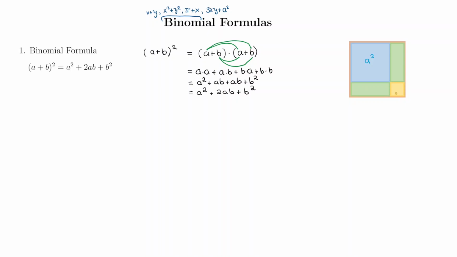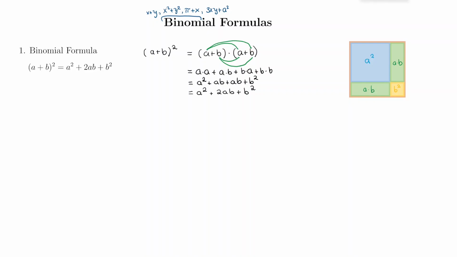So the yellow square would have the area b squared. Then what do we get for the green rectangles? Here we have a, here we have b. So this would be a times b. And for the other as well, b, a, so it's also a times b.